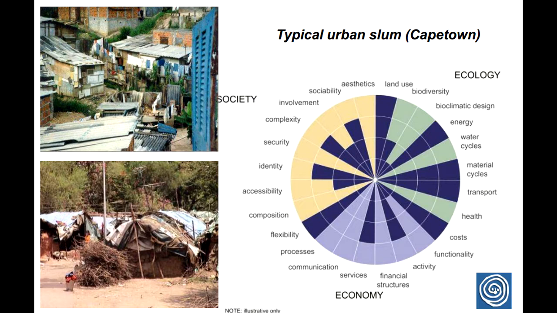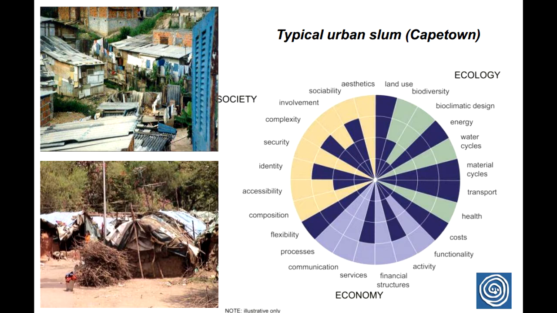However, in 9 other segments, the lowest score is achieved. Security, aesthetics, bioclimatic design, water cycles, health, functionality, financial structures, communication, processes, and composition all score badly.